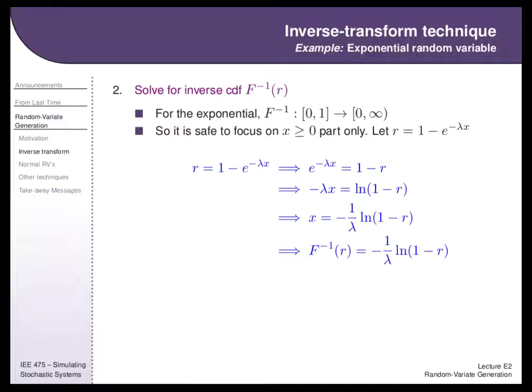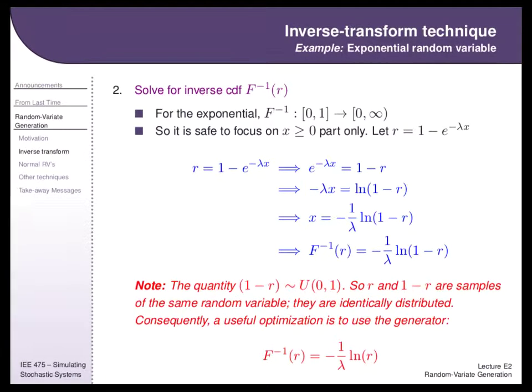And so I just then set it equal to the quantile function, and this is just a copy of that. So that's how we solve for that. Now, a little trick is that if you were to look up in a textbook a generator for an exponential, they usually replace this 1 minus r with an r.